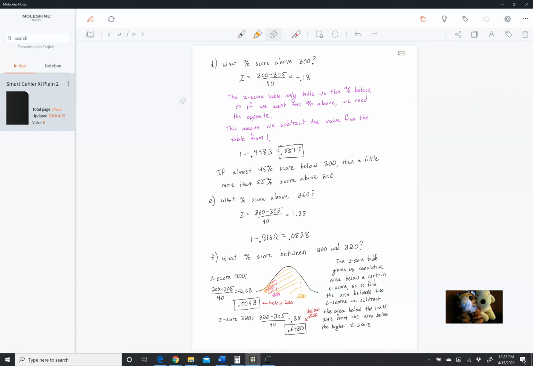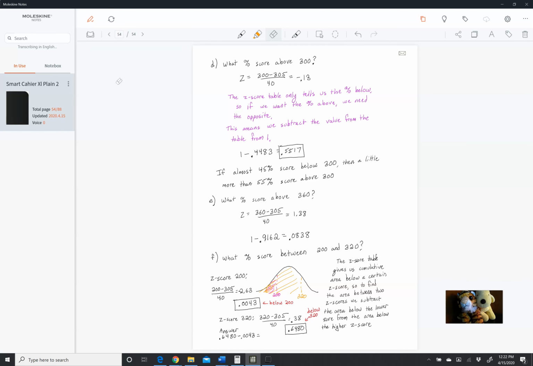Okay. So now we're going to get our answer, and to get our answer, we're going to do the second one minus the first, okay? 0.6480 minus 0.0043.